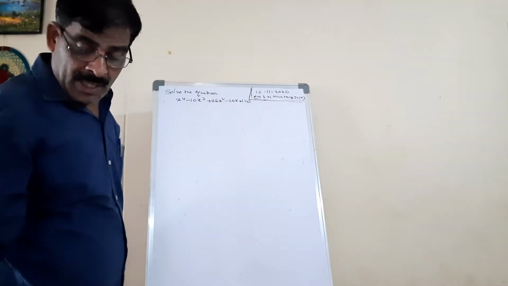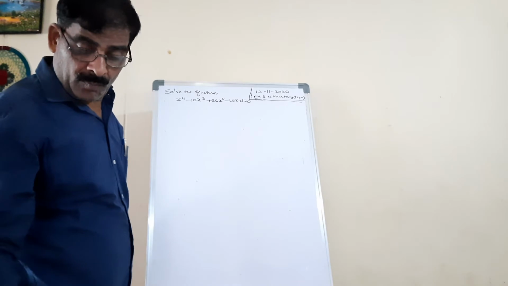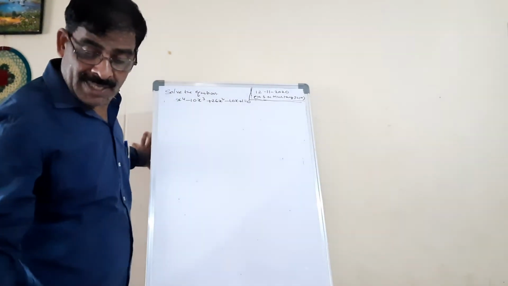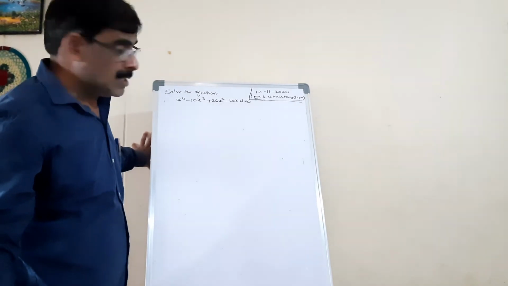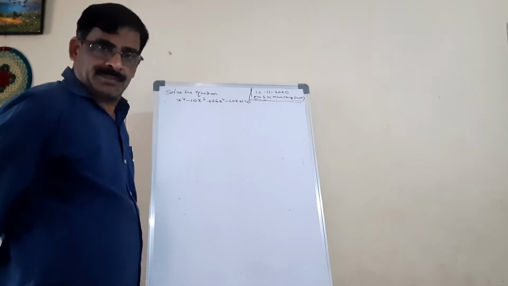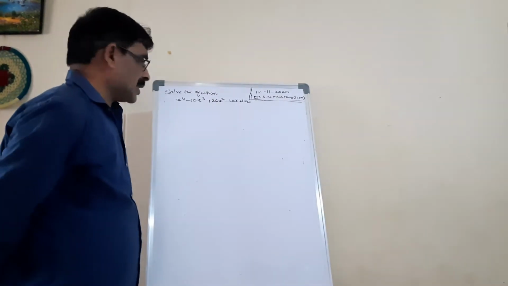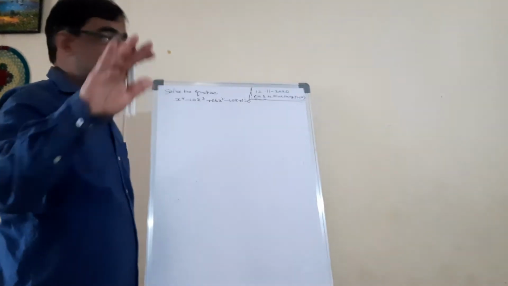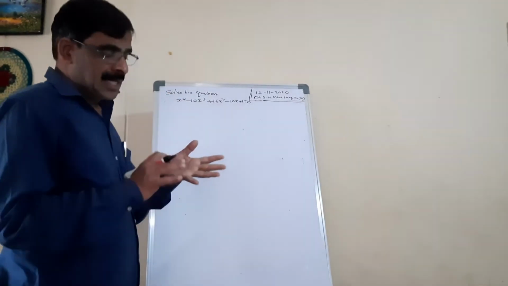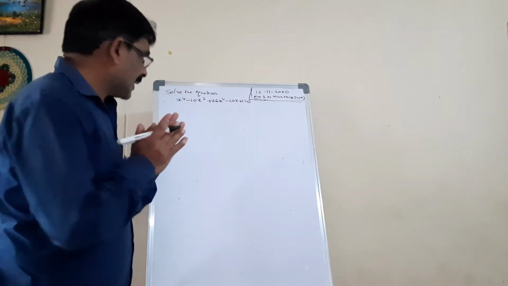This is the equation given to you. We have to solve it, which means we have to find the roots. How many roots are there? x to the power of 4 means it has 4 roots.